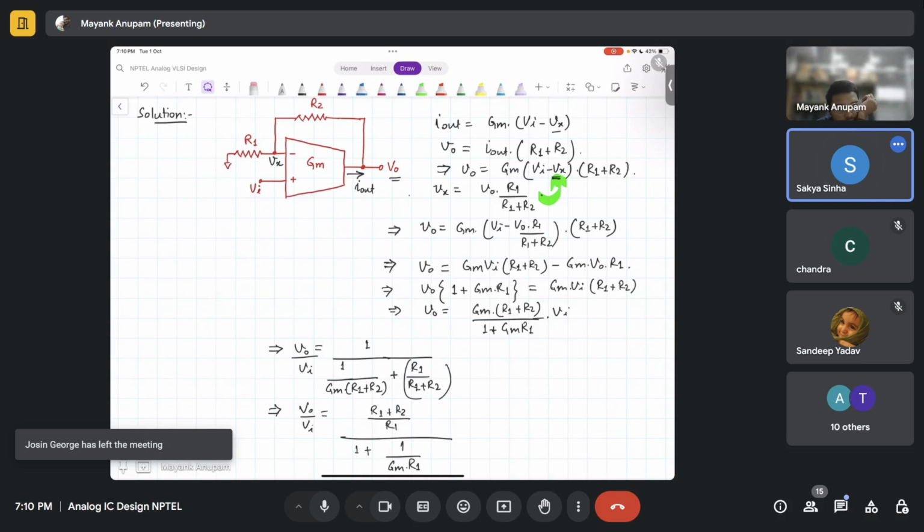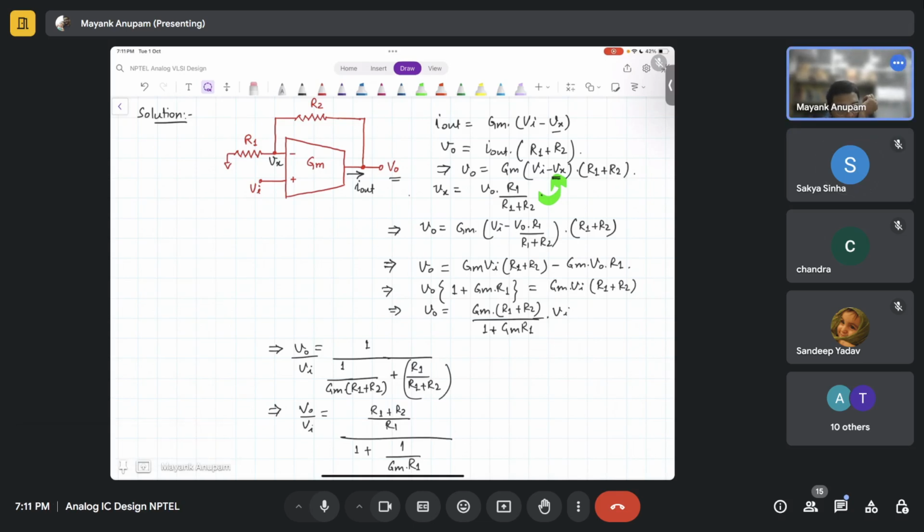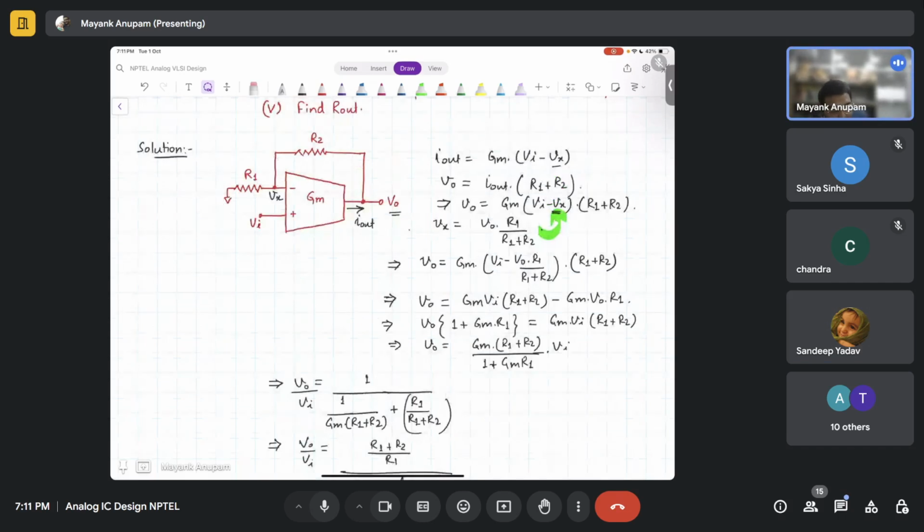Nope. Nothing is wrong, right? If we take common Gm from the denominator, then it will cancel out, and in the denominator it will become 1 upon Gm. Okay, let me come to that. I am at this place right now.